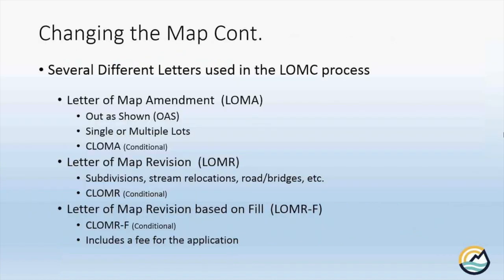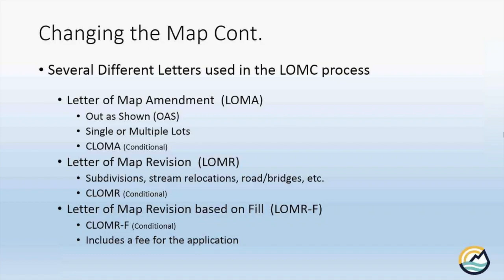The letter of map change, like I said, is just an administrative process, but there are actually several different letters that FEMA sends out. You've got the letter of map amendment, LOMA, the letter of map revision, LOMR, and then the letter of map revision based on fill, LOMR-F. These letters are really talking about different levels of changes. LOMAs tend to be the simpler ones.